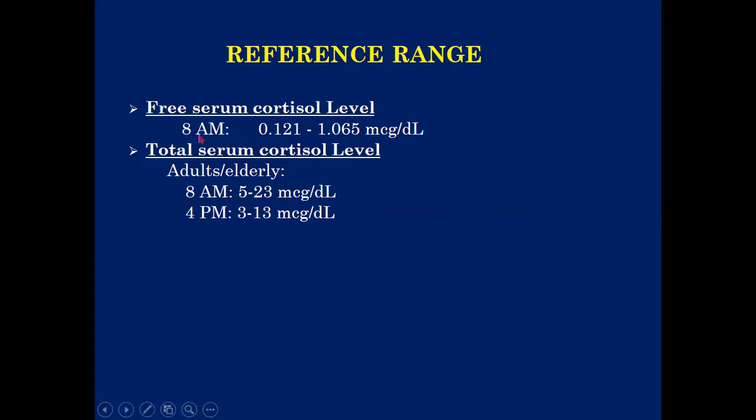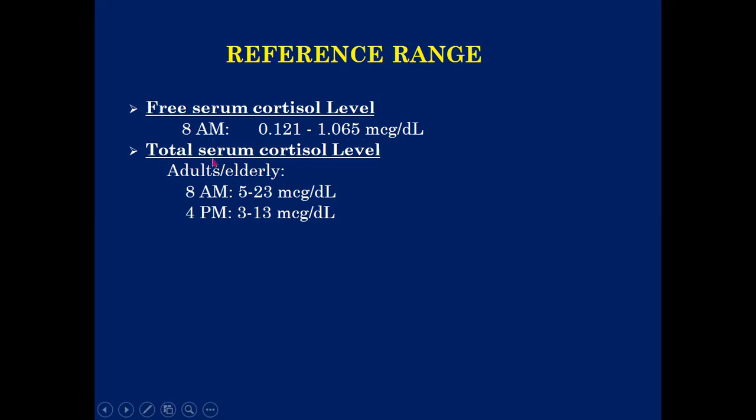So levels at 8 a.m. are different, and if we check the levels at 4 p.m. or 5 p.m., they are definitely less than the morning levels. This is called circadian rhythm. In a patient with Cushing syndrome or related disorders, there is loss of this circadian rhythm when we check the levels at different times.